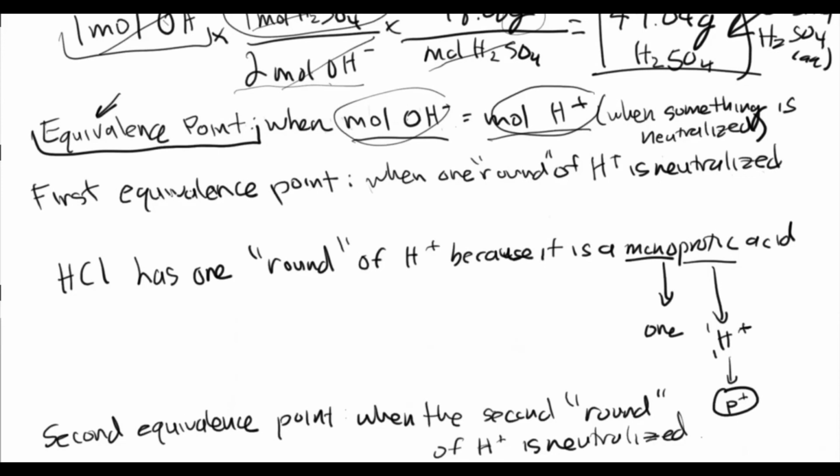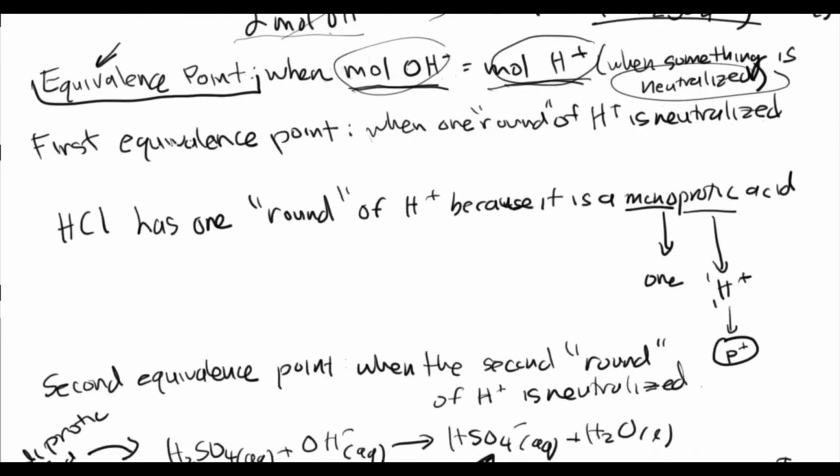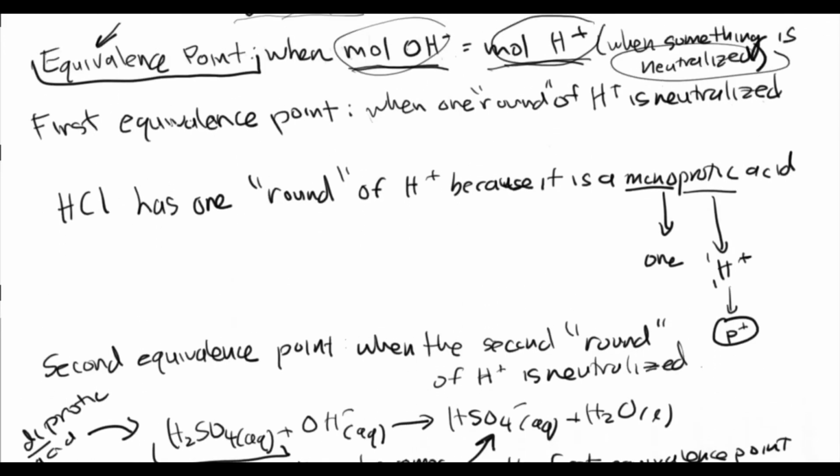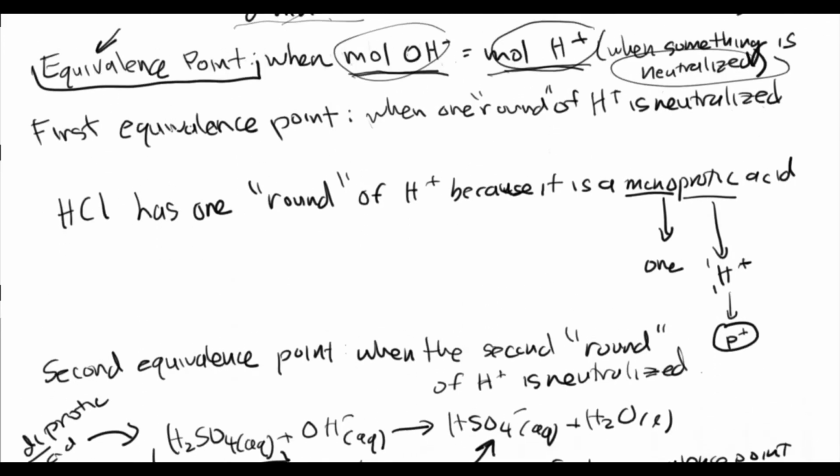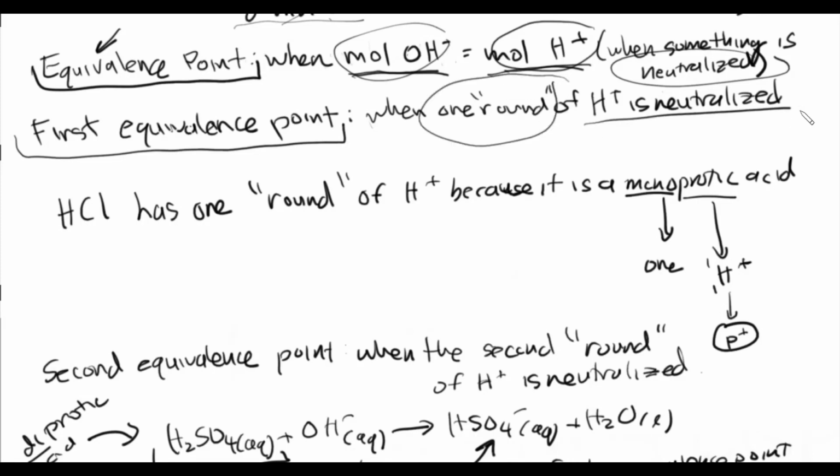So, obviously, when we look at the fact that 1 mole of OH and 1 mole of H plus are equal, we can think of them as neutralizing each other to form water. So, in this case, the first equivalence point, so they're different stages, I guess, depending on what we're looking at, is when 1 round of H plus is neutralized.